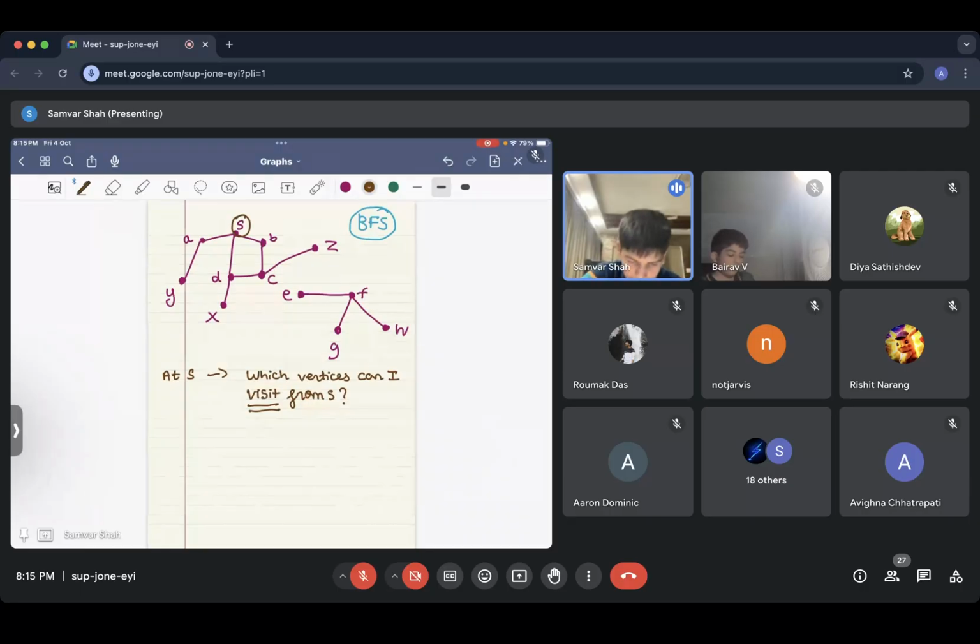For example, if I go from S to D to X, or maybe from S to B to C to Z, then all of these vertices are the ones that I visited. Note, it is impossible to reach, say, G from S. There is no path at all from S to G. I hope that's clear.